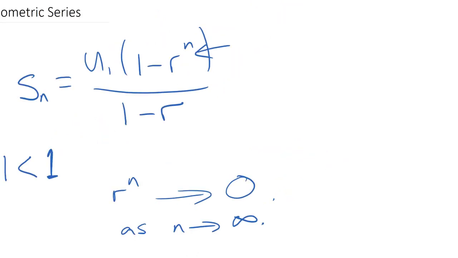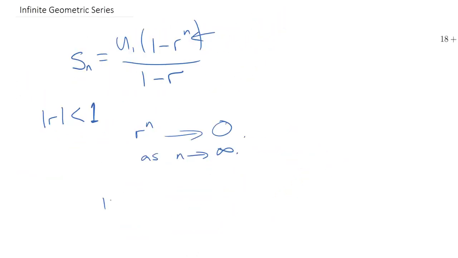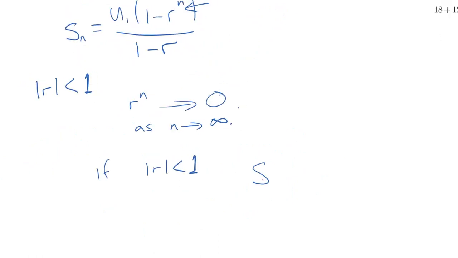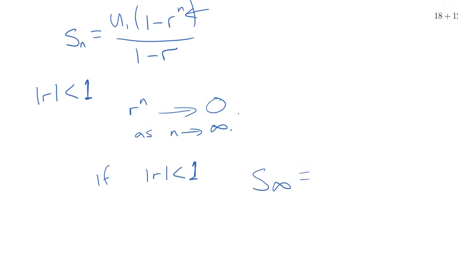So going to our formula, we can say if we have this magnitude of r being less than 1, well, our formula for S_n, and we're going to go for S infinity now, we'll change the notation because we're looking to sum all of the terms that there are, not just stopping at some arbitrary number n. Well, that is going to be u1 bracket 1 minus 0.